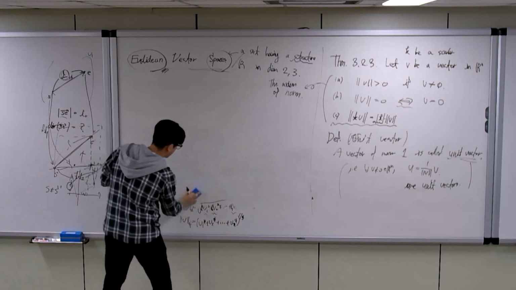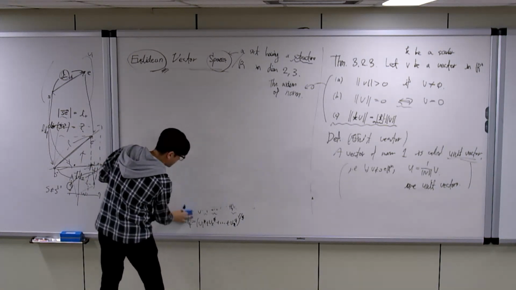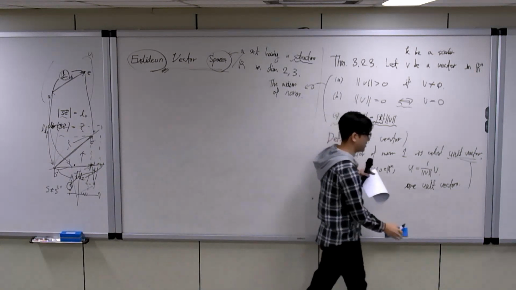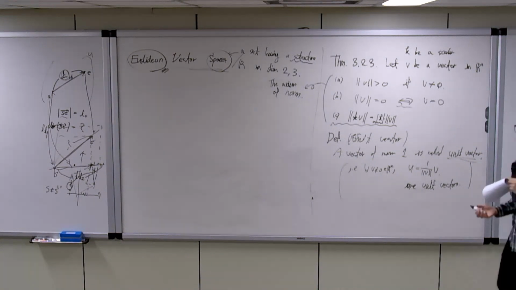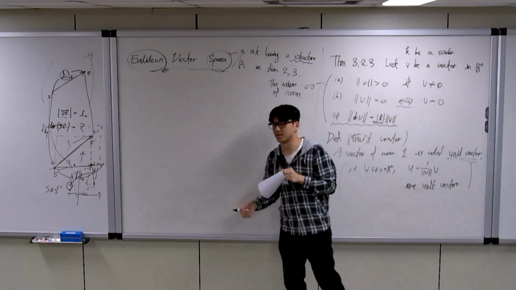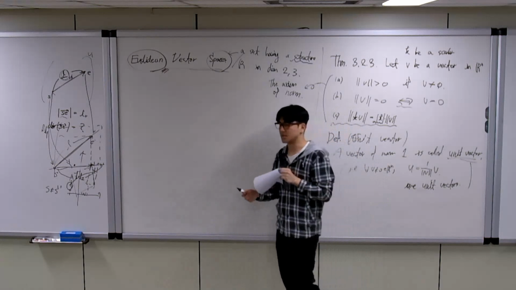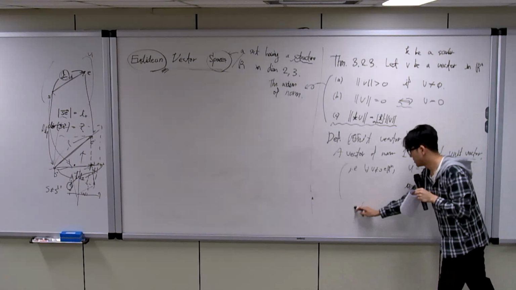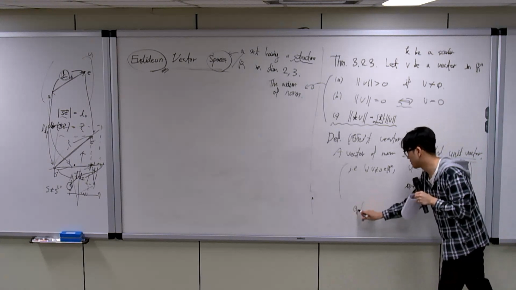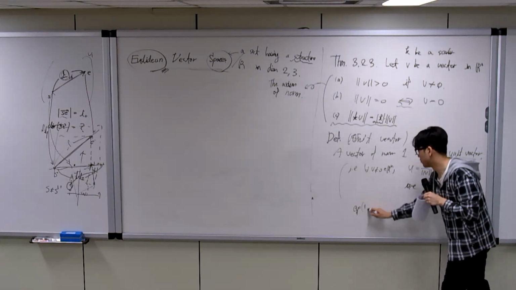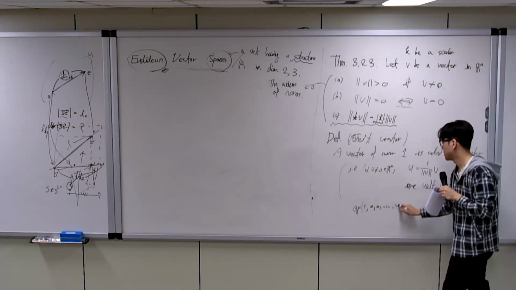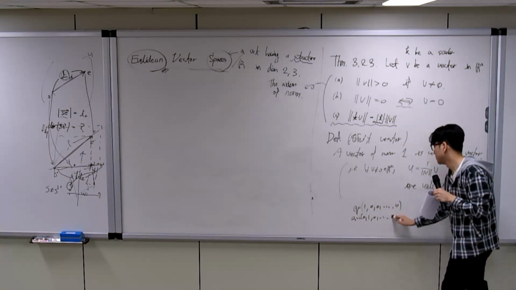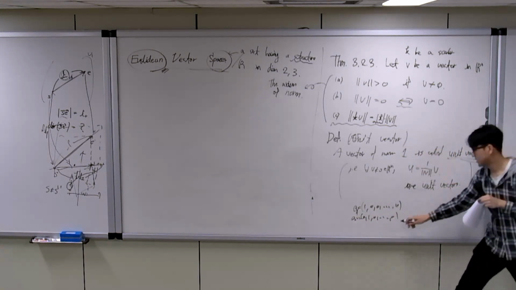By constructing those unit vectors, we might remind ourselves of the standard basis, because we define the standard basis e1 is 1 0 0 and e2 is 0 1 0. We defined this set.